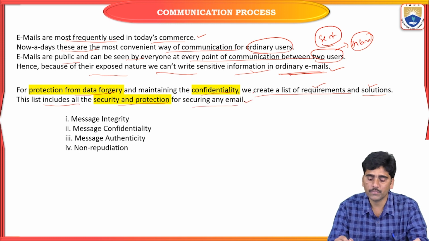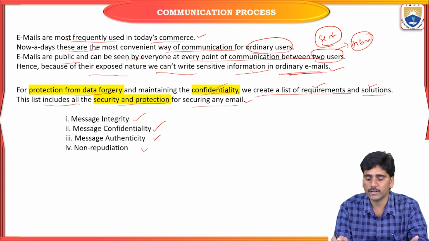We can provide security for the mail by providing different security services: message integrity, message confidentiality, message authenticity, and non-repudiation. These are all the services for securing the mail. How are we going to secure the mails?